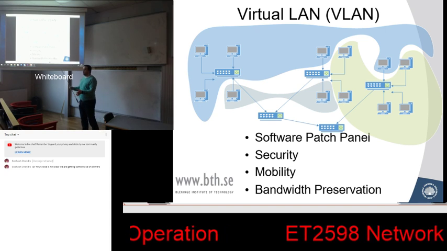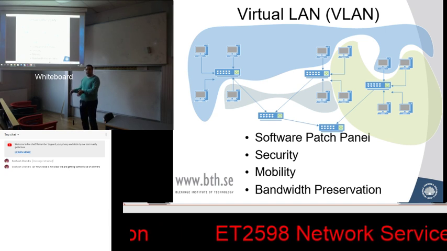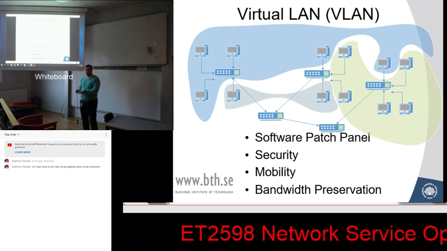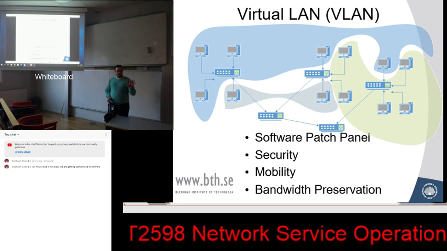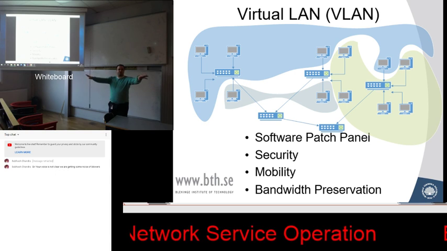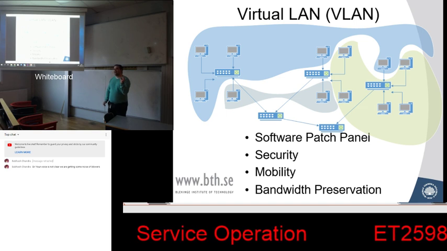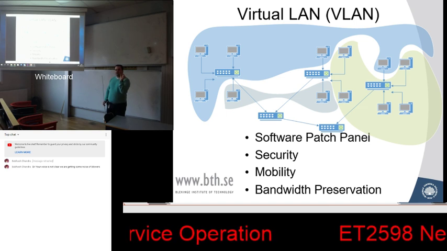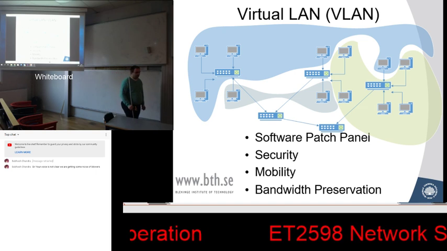I do not want to hear someone else that is not part of that LAN, right? So by creating virtual LANs, I can say, okay, I want these devices to communicate, I want those devices to communicate. We do that by adding a piece of information in the Ethernet frame, the VLAN tag.